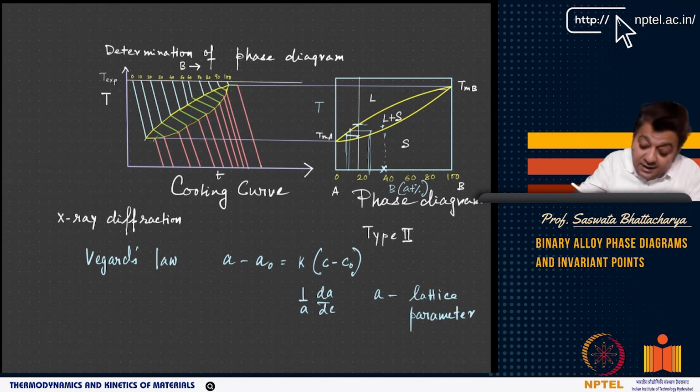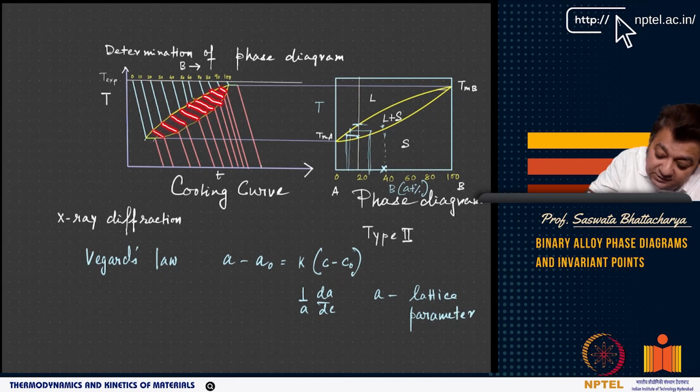As a result, for any solution of A and B, there will be a change in slope, and this change in slope is basically marking the two-phase coexistence in a solution.